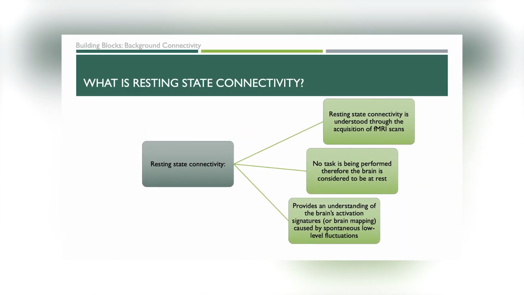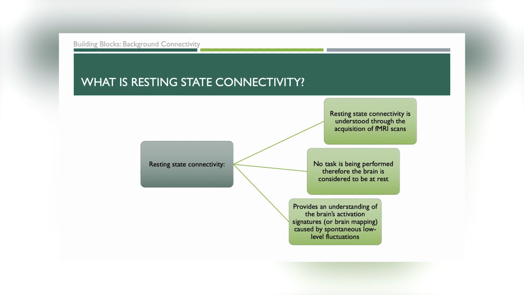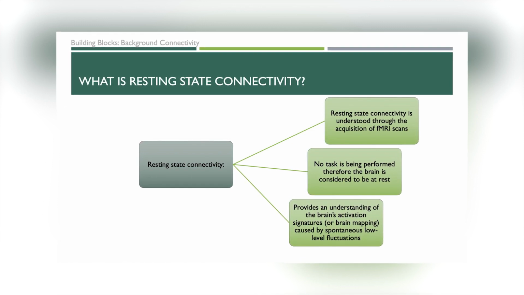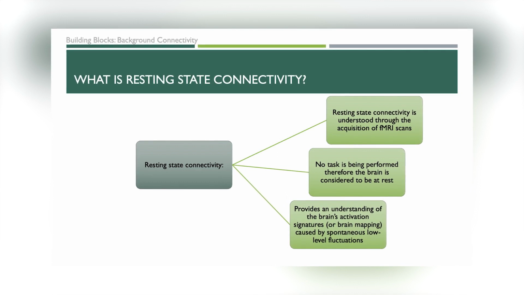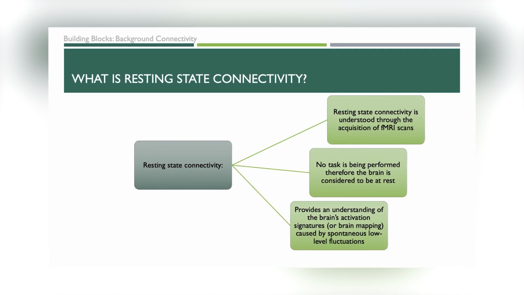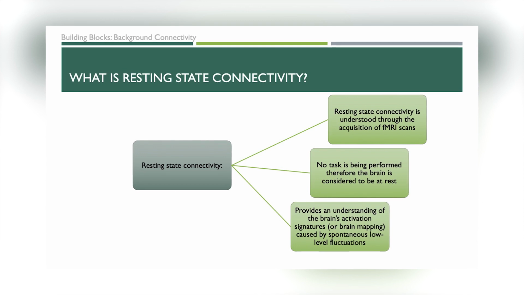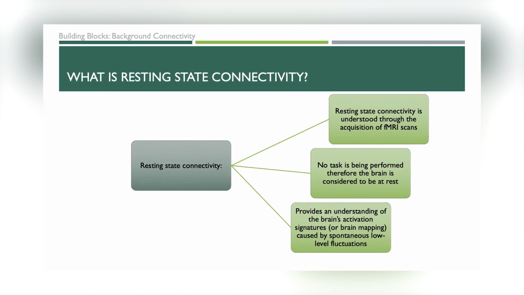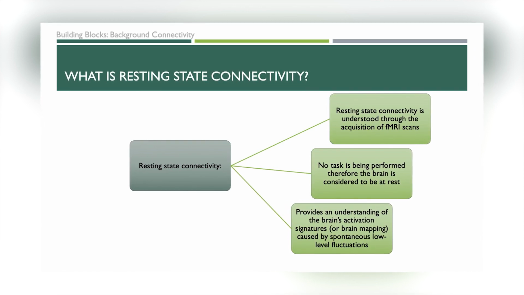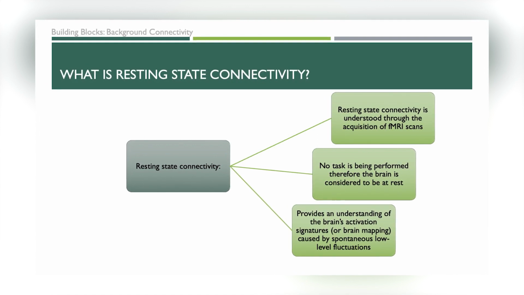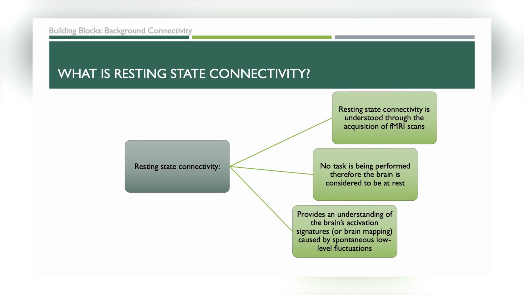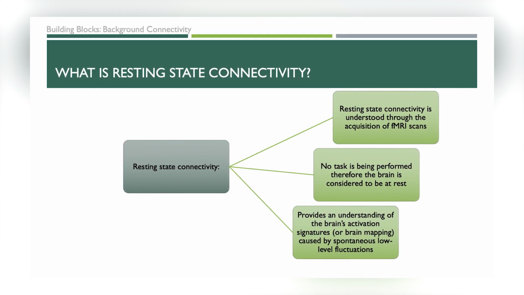So what is resting state connectivity? I did mention this already, but I'll reiterate it. Resting state connectivity is understood through the acquisition of functional MRI scans. Like I said, no task is being performed. The subject could be asleep, at rest, under anesthetic, or maybe meditating. These are all resting states. And what this gives us is an understanding of the brain's activation signatures caused by spontaneous low-level fluctuations.